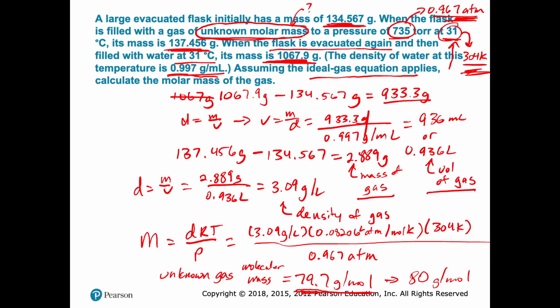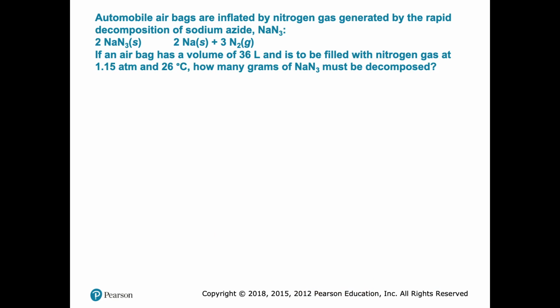All right. The second to last question, which is, I believe, this one right here. An automobile airbag is inflated by nitrogen gas generated by the rapid decomposition of sodium azide, NaN3. And again, I'm so nice because I provided you with a balanced chemical equation.